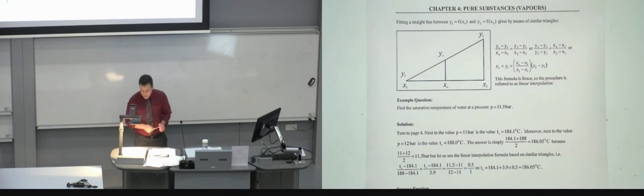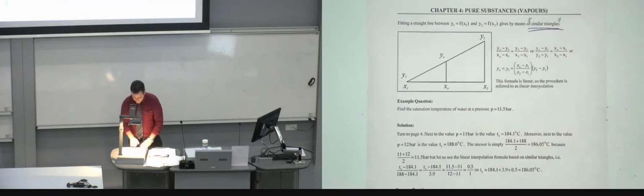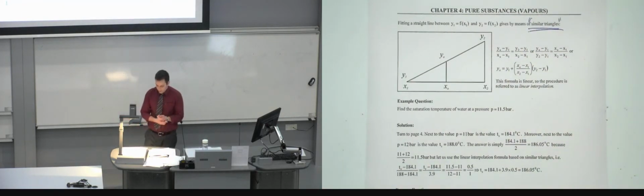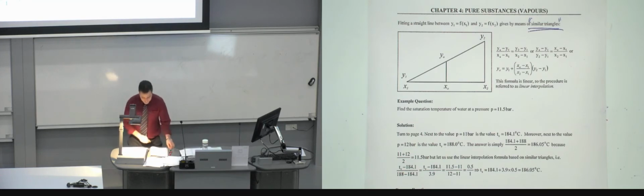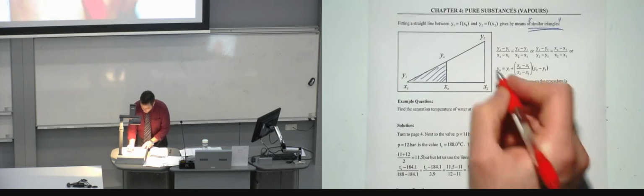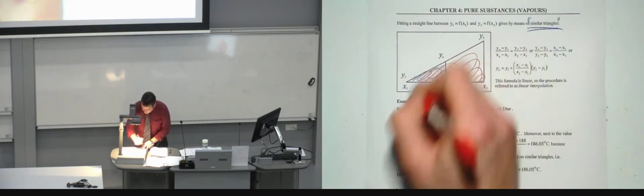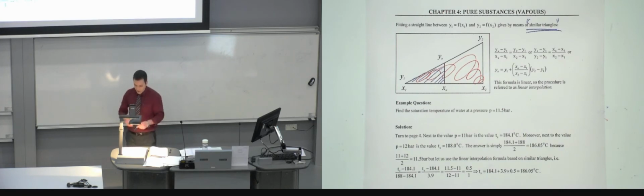We're going to be using something called similar triangles. That is what we would be using in our interpolation. Essentially what we're saying is that this triangle would be similar to this triangle, and based on that, we do the interpolation.